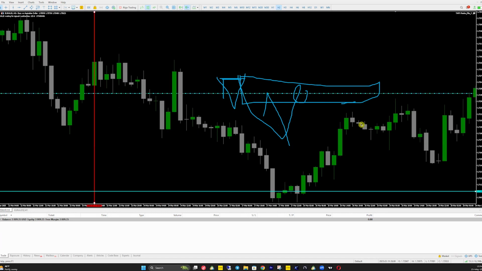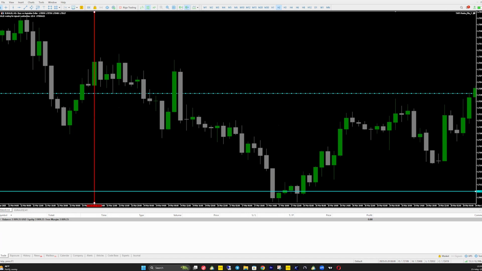Let's say, for example, here it is an up trade. All right. So this means this candle here, since it has taken out the low of this candle, this one can be our order block.